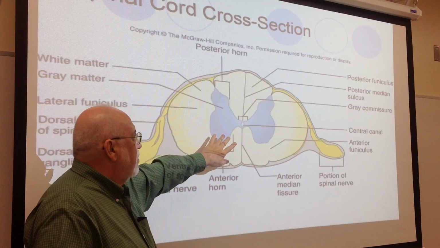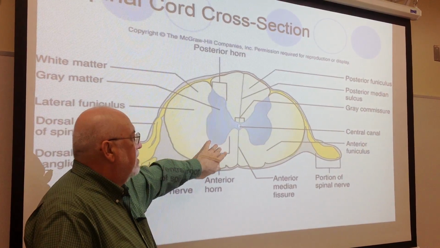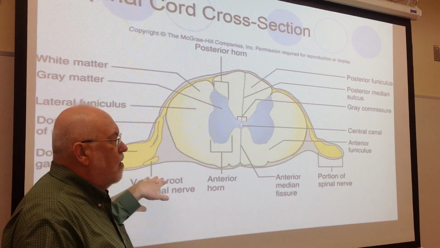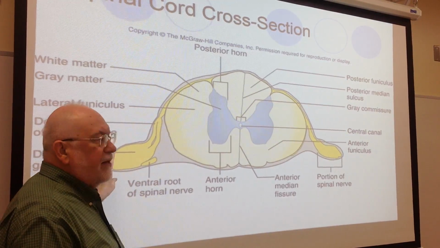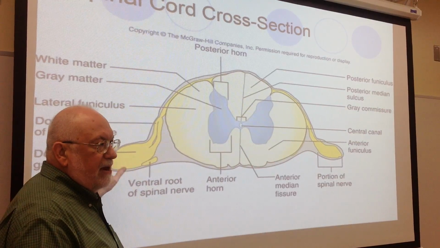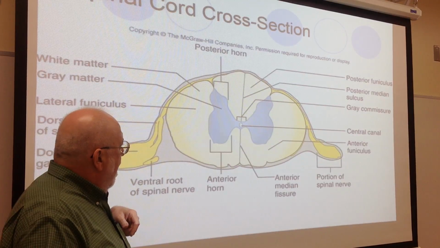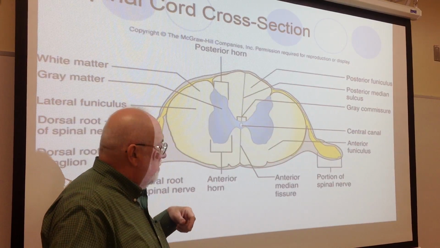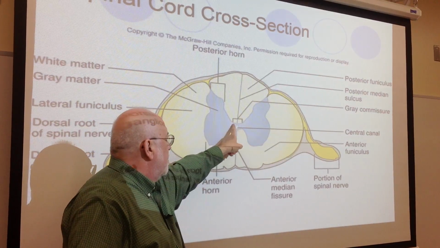All right, any motor impulses generated here in the anterior part are going to exit out what's called the ventral root. And when you get out here to the side, the two roots, dorsal and ventral, come together to form the nerve that exits the spinal cord. All right, so there we are. In the center is the gray commissure.